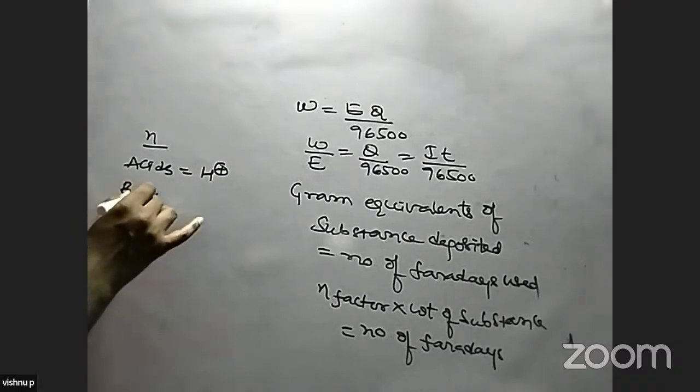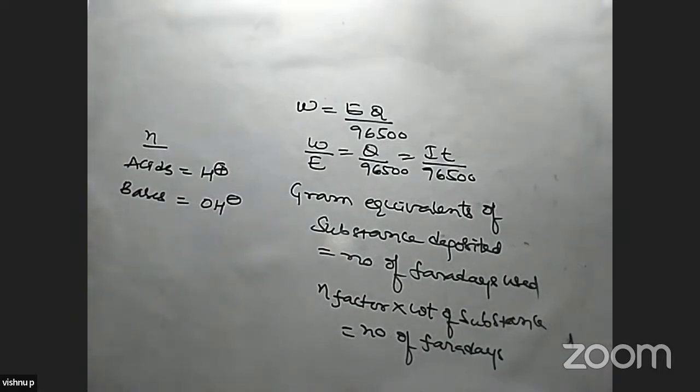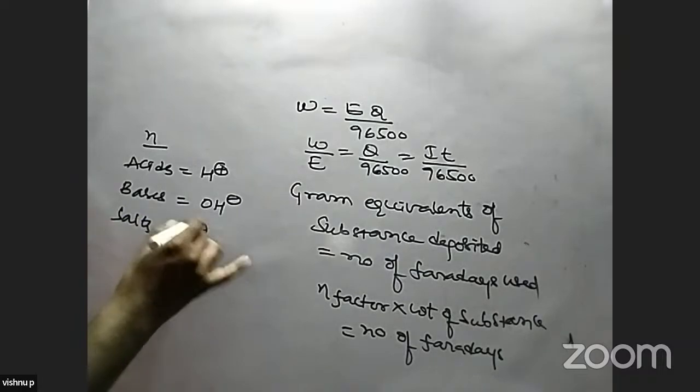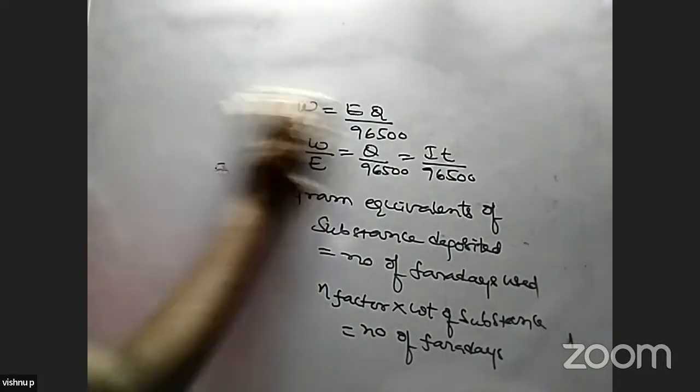In case of bases, it is the acidity, the number of displaceable hydroxyl ions. In case of salts, it is the number of positive or negative charges. It is called the n factor. This is Faraday's first law.